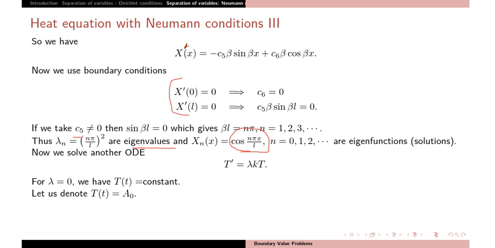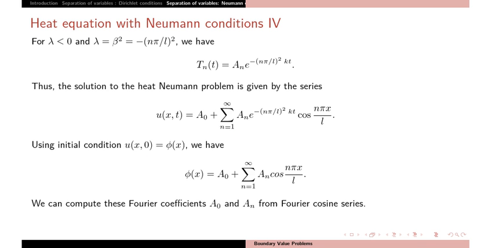And now you solve the other ODE for the t variable. First for lambda equal to 0, you get T equal to a constant, a0. There is no need to discuss lambda positive as you get the trivial solution. If lambda is negative, the third case, write lambda equal to minus beta square. So you have this solution in exponential form. Just integrate both sides.